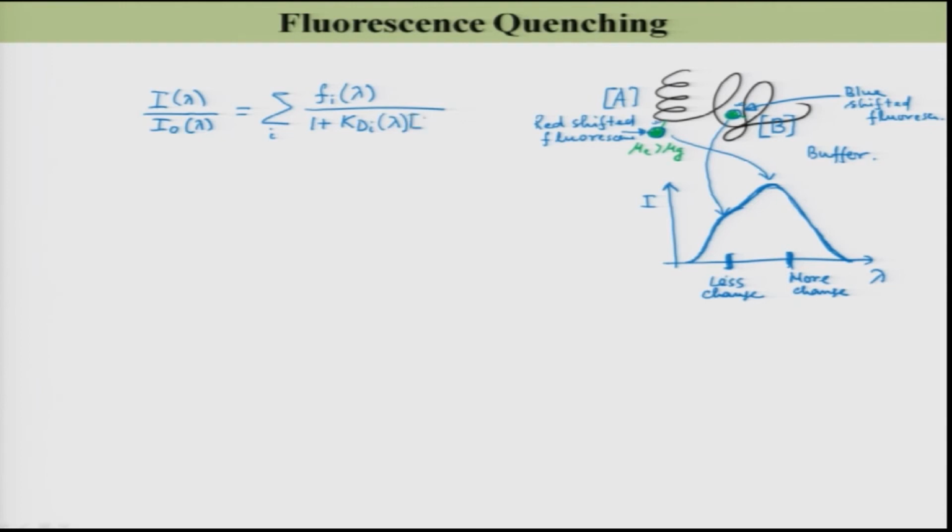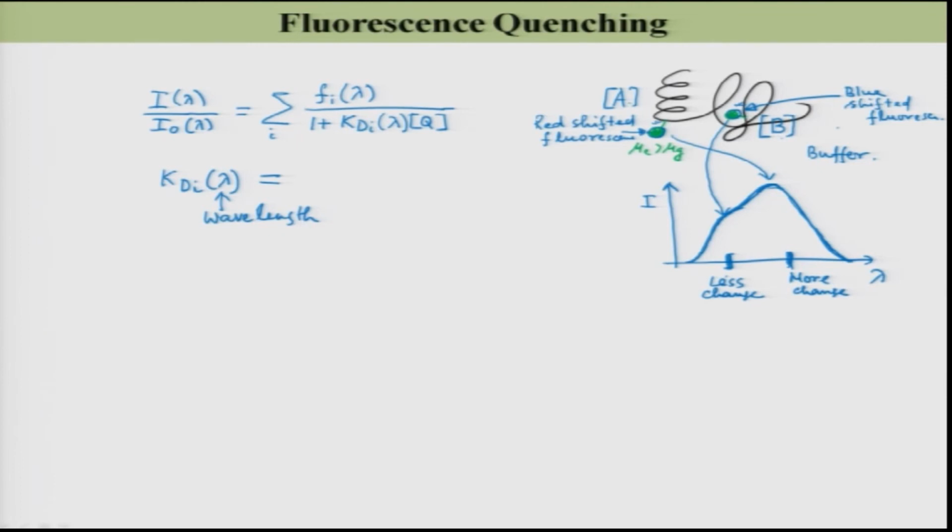into q. So, I can write this as k d i lambda, right. Whether this should depend on the wavelength or not, that is my question. Here k d i means for the ith site, it could be A, it could be B, and if you have multiple, then C, D and so on.